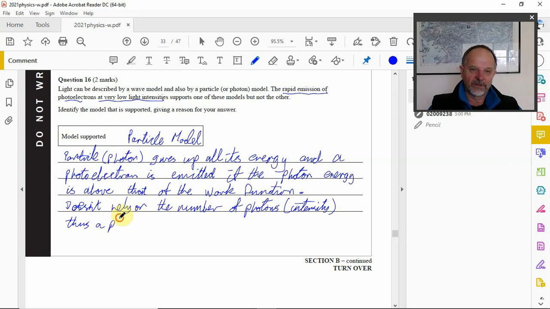Thus, a photoelectron can be emitted rapidly.